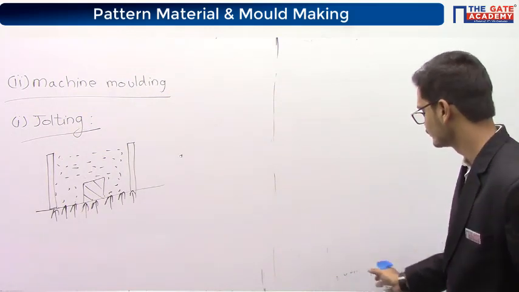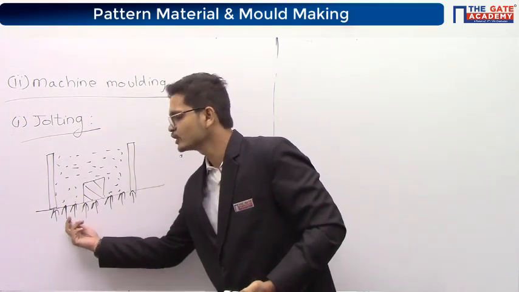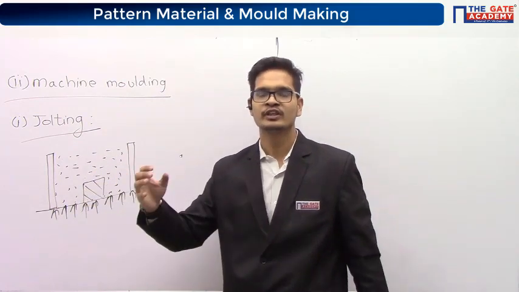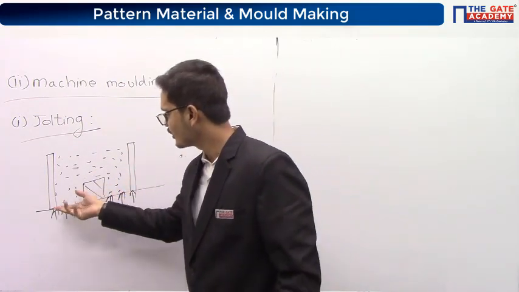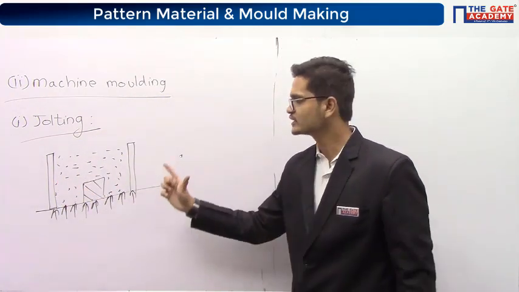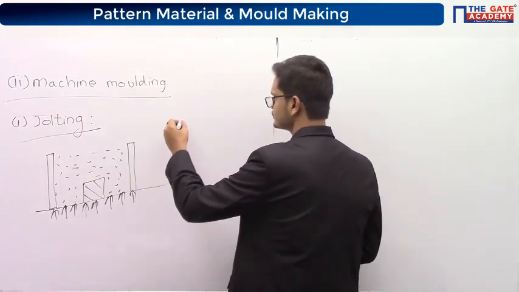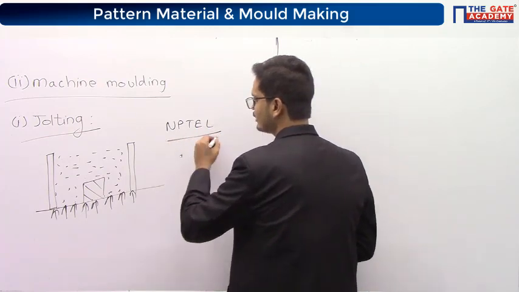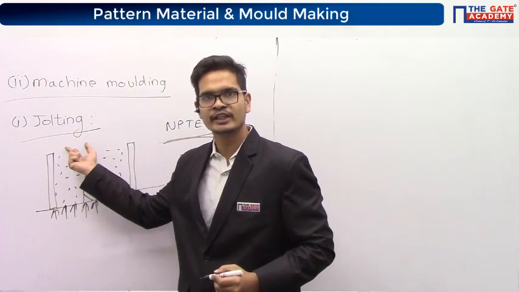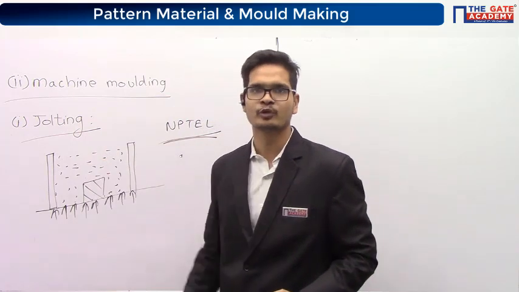Yeah, density variation will be there. Very good, Danish. Since the impact load is applied by the lower surface, the lower surface will have high density, and the upper surface will have low density. This thing has never been asked in the GATE, but in NPTEL assignment, they had asked whether by jolting we'll get higher density in the lower portion or in the upper portion.